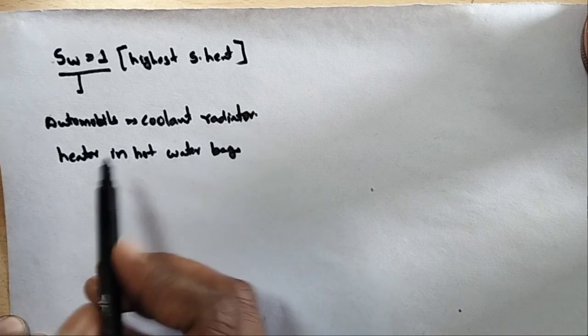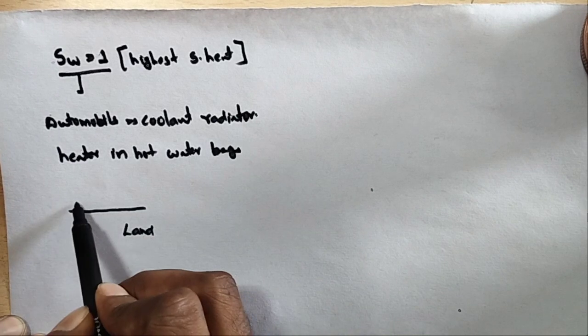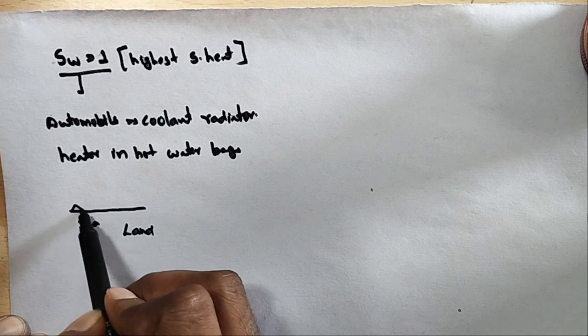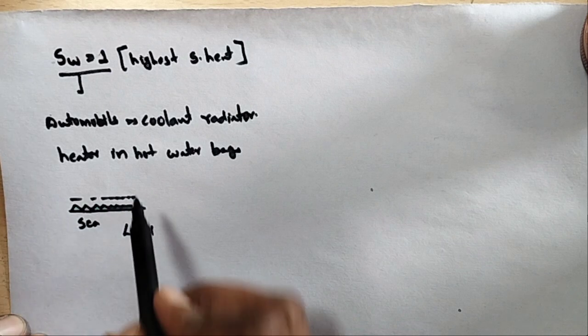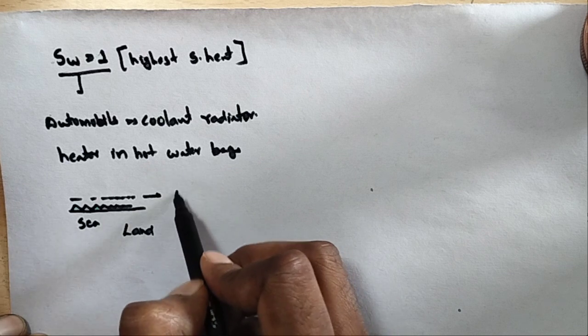So let us take one land area, and here some sea with water. The more the specific heat, the more slowly the water warms.